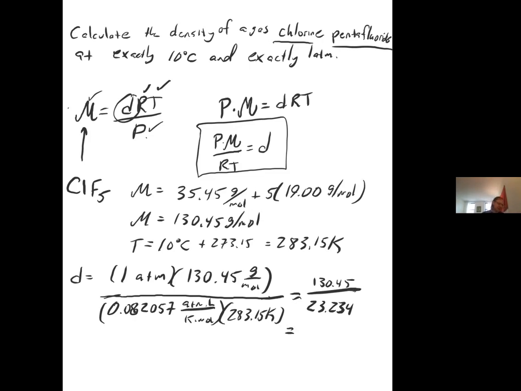So 130.45 divided by 23.234, and you get 5.61. And then our units should be grams per liter, because the atmospheres are going to cancel, the moles are going to cancel, the kelvins are going to cancel, so then you get grams per liter.